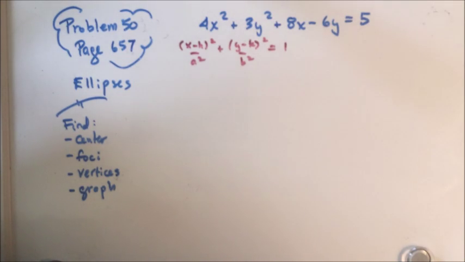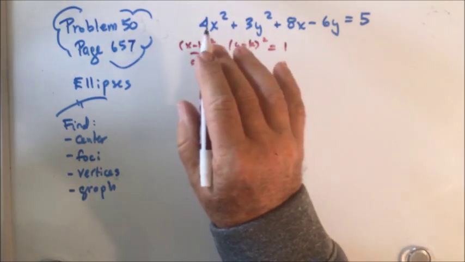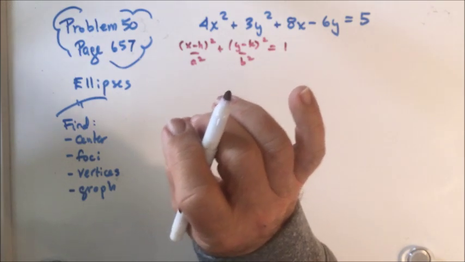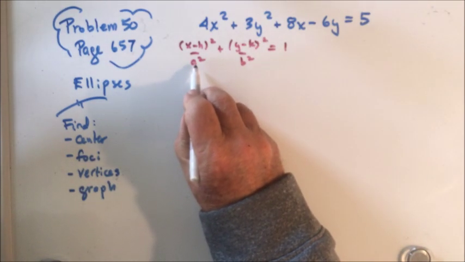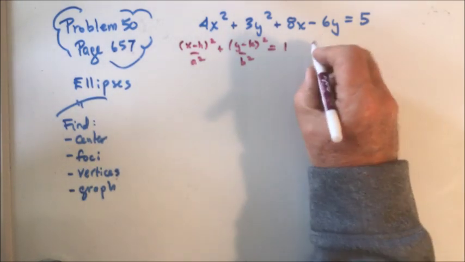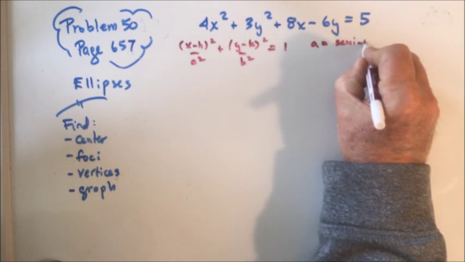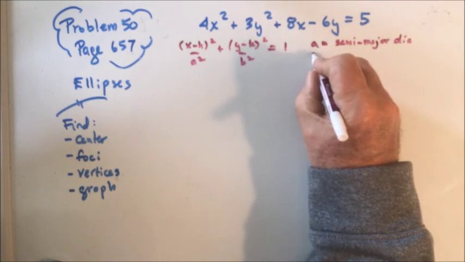Now actually, this problem gives me a good chance to point out that the way you're being taught, there's kind of a subtlety here that maybe you haven't seen yet. Sure enough, a is the semi-major diameter, the longer one.